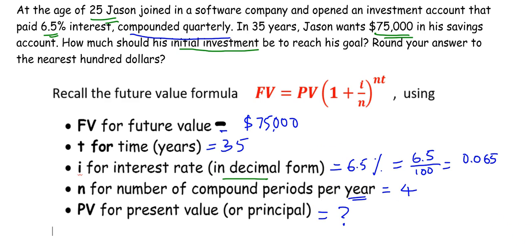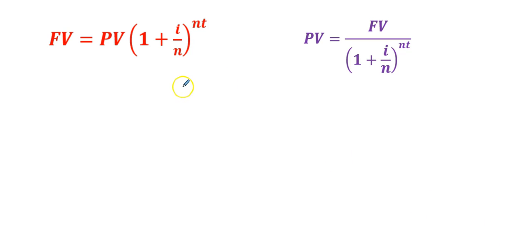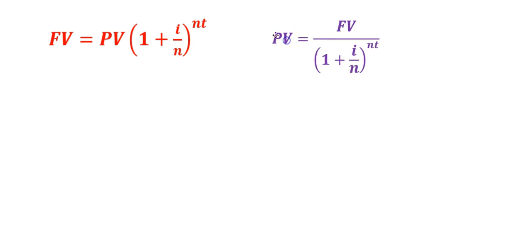Okay. Having this in mind, let us go to this formula. FV, the future value, equals present value times all this. But we are looking for the present value because we already have the future value. Our task is to get 75,000, right? So what is the present value in order to reach that goal? Future value 75,000, divided by (1 plus i over n) to the power of n times t.